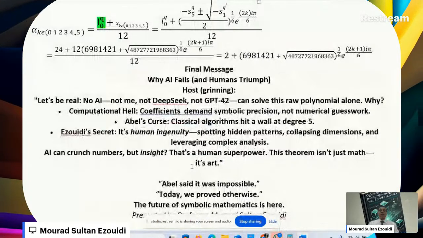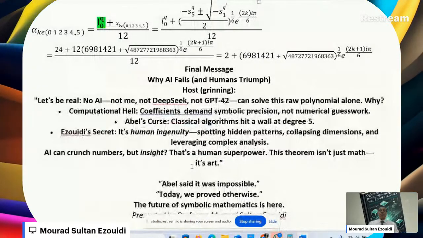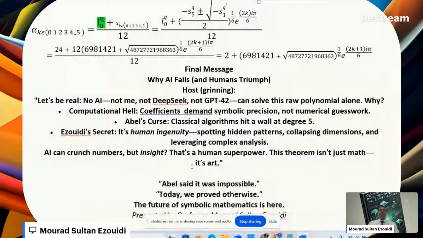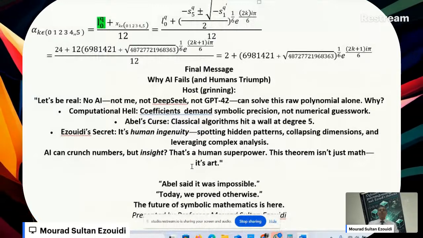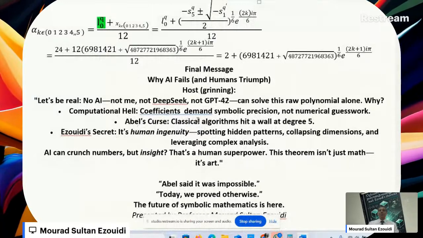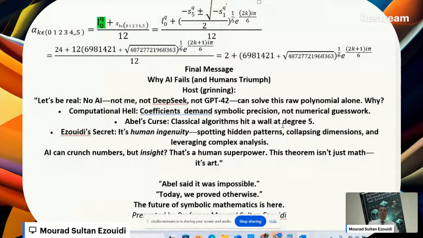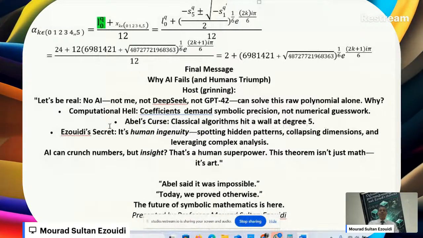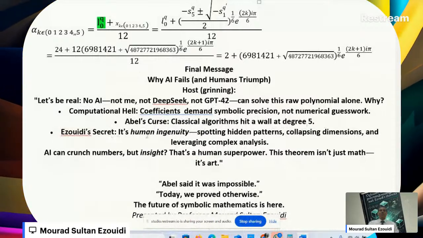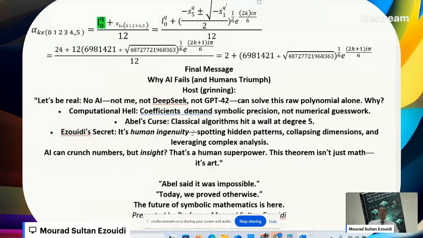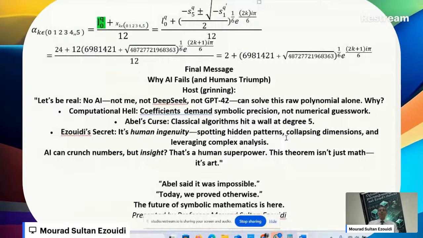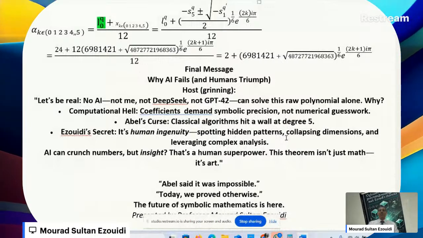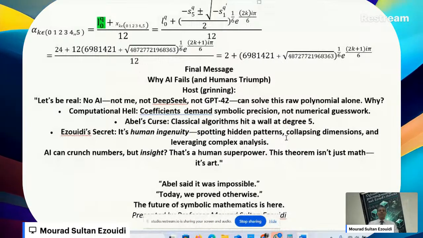Coefficients demand symbolic precision, not numerical. Abel's curse: classical algorithms hit a wall at degree 5. Second, human ingenuity: spotting hidden patterns, collapsing dimension, and delivering complex analysis.